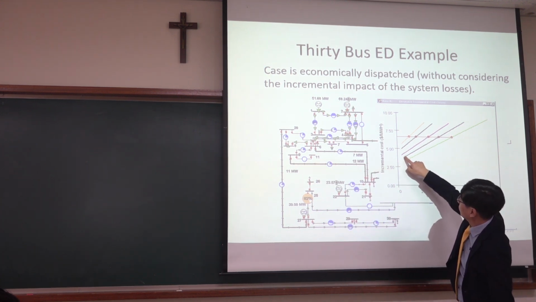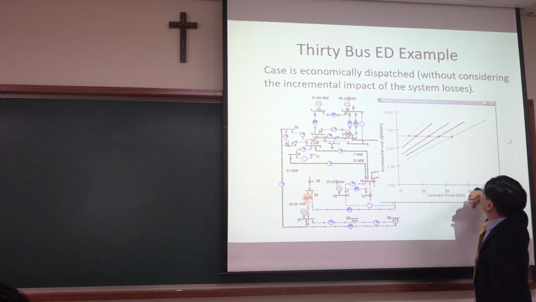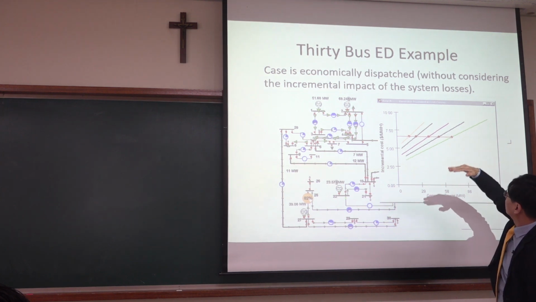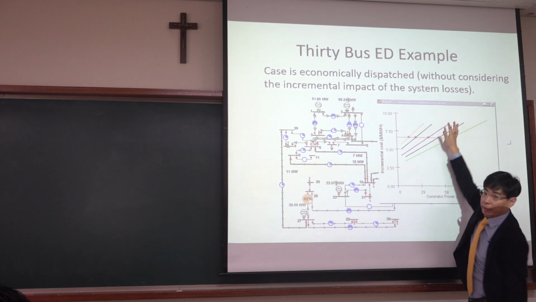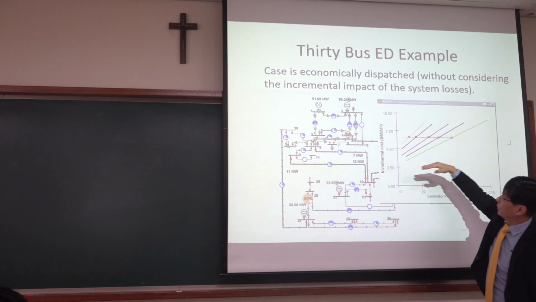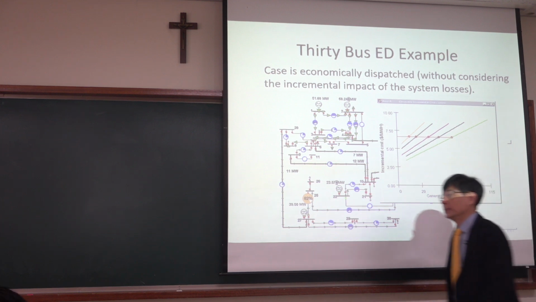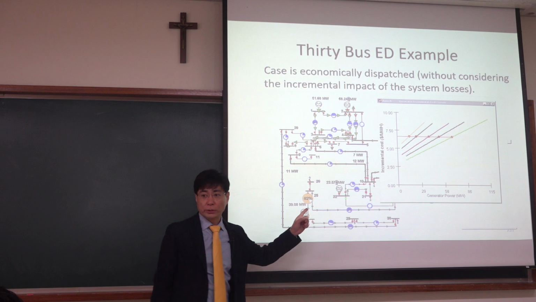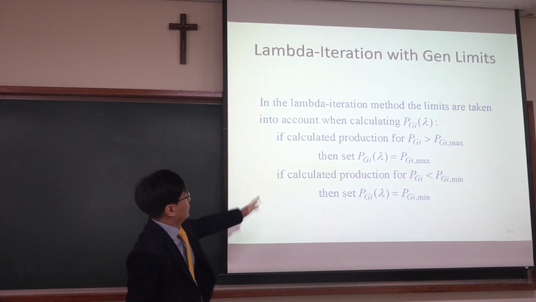If it has a minimum limit like that and a maximum limit like that, you put this kind of line. So the supply curve is just that. Even if the price goes up, the maximum generation cannot change. Even in that situation, you can apply lambda iteration. You see what I'm saying? Okay.